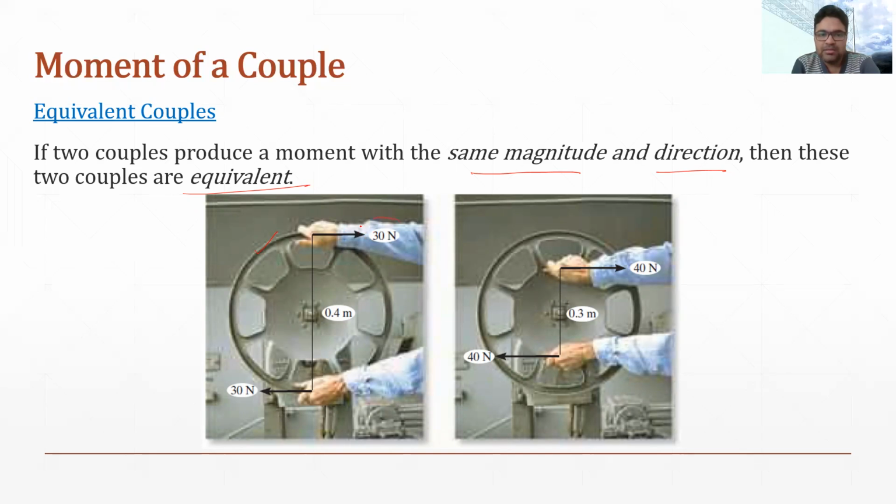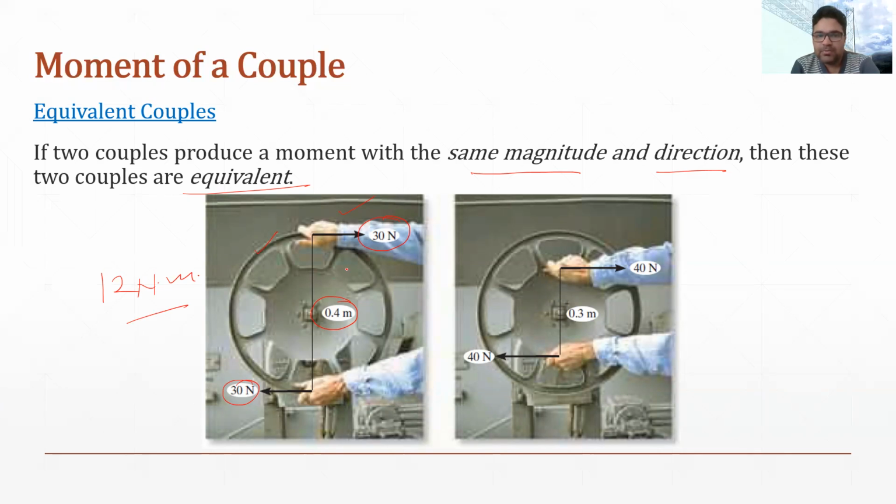A 30 Newton force is applied on both sides, and the distance between the forces is 0.4 meter. The couple created by this system will be 30 into 0.4, so it will be 12 Newton meter.